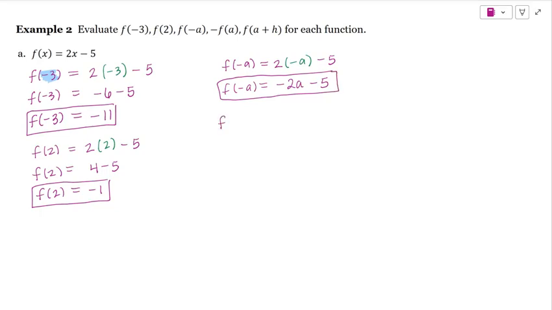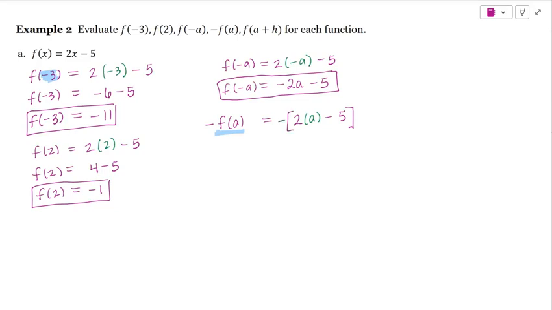Let's see how that's different than plugging a into the function but having a negative in front of the whole thing. I'm going to start by just looking at f of a. So f of a is going to be 2, instead of putting x, I'll put a in its place, 2a minus 5. But I've got a negative sign in front of this whole thing.